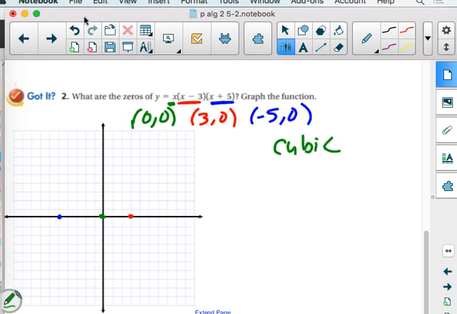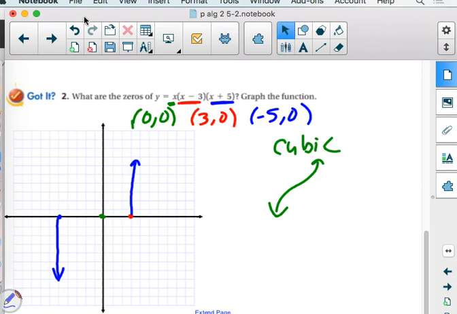And that tells me, since there's no negatives in front of it, down and up is what I need for this one as well. So this is going to go down from here, and this is going to go up from here. And again, I just take a guess at somewhere up there, then it's going to come down somewhere over here, but I'm going to use the calculator to find that.